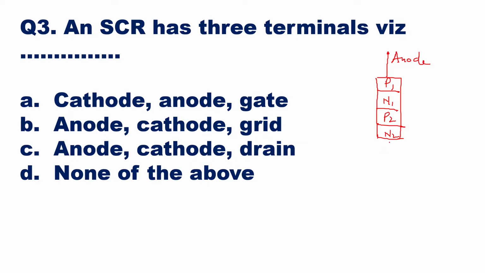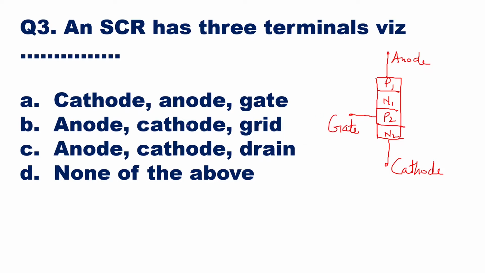The terminal connected to the last N region will be named as cathode, and the terminal to the P2 layer will be named as gate. So it has 3 terminals, namely anode, cathode, and gate.